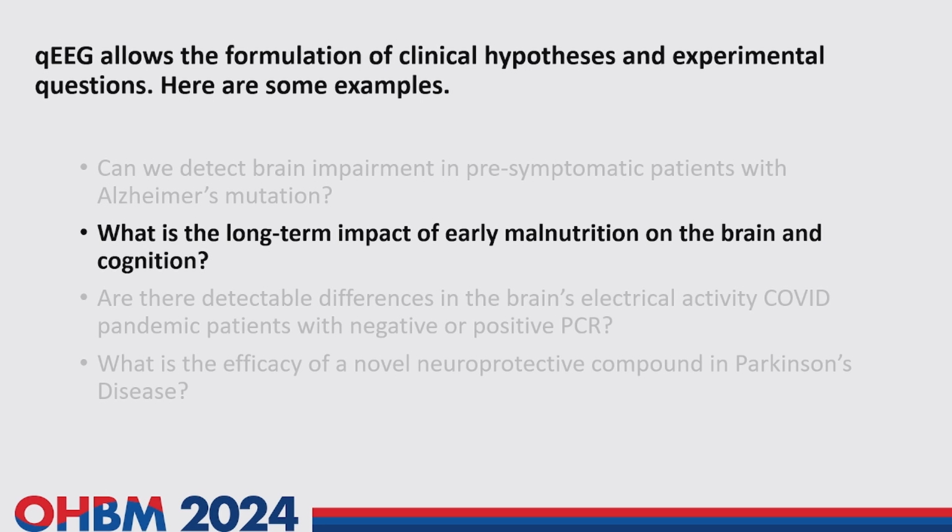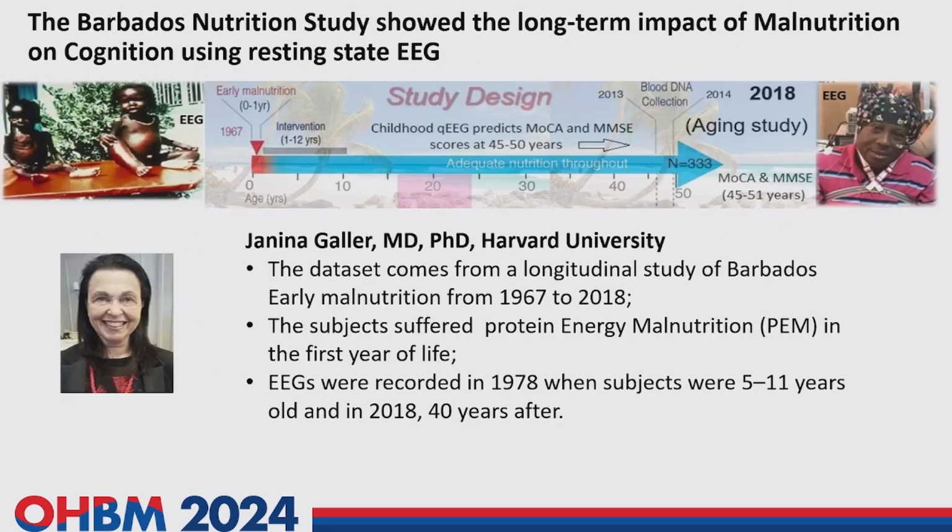The second question is, what is the long-term impact of early malnutrition on the brain and cognition? The Barbados Nutrition Study showed the long-term impact of malnutrition on cognition using the resting state EEG.